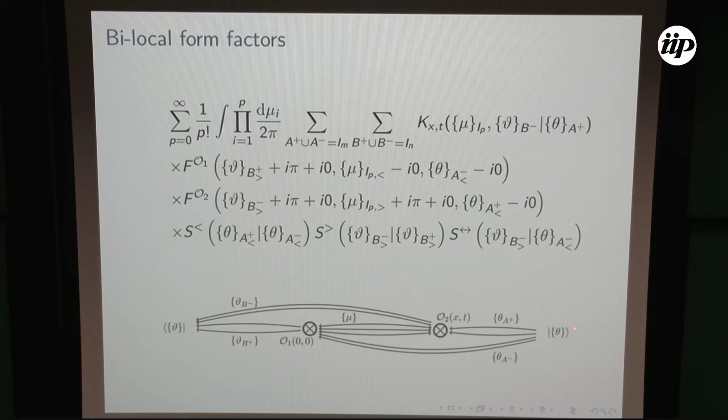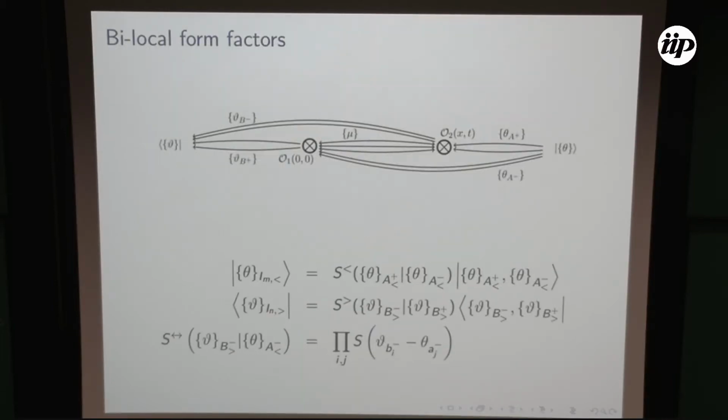You take a part of the incoming to go into the O2 operator, some to the O1, and the same for the outgoing particles. Then you have a sum over all the intermediate rapidities between the two operators, an infinite sum, and also an integration over the rapidity of these intermediate particles. You also have some scattering matrix factors from the computation.